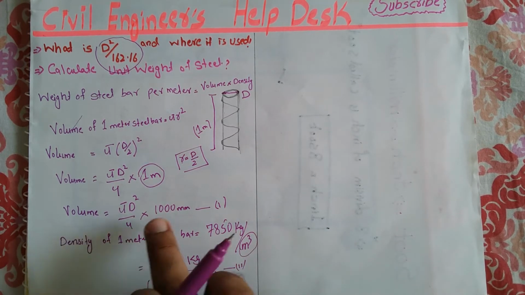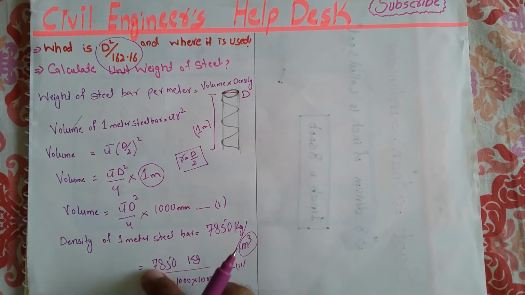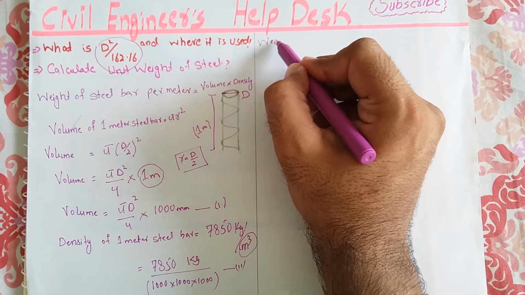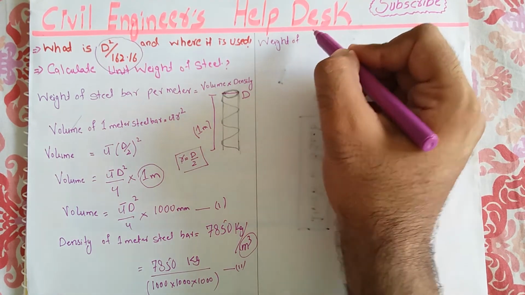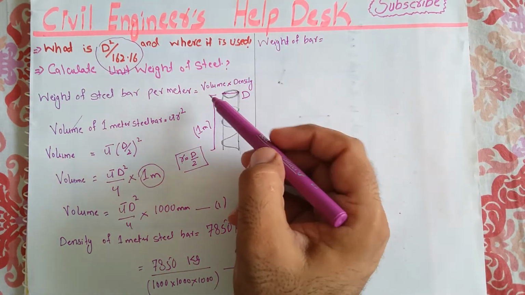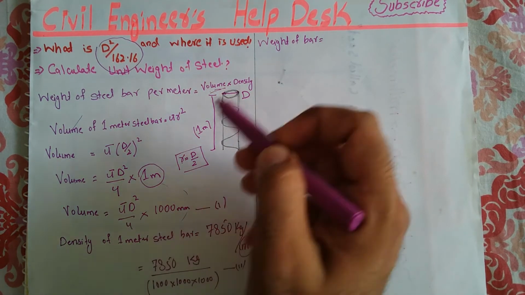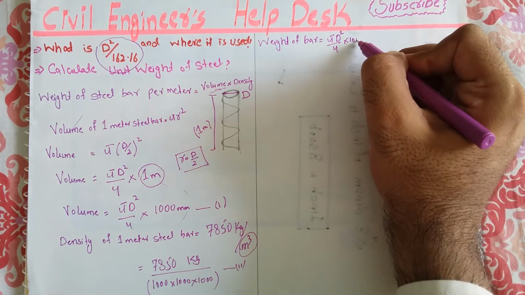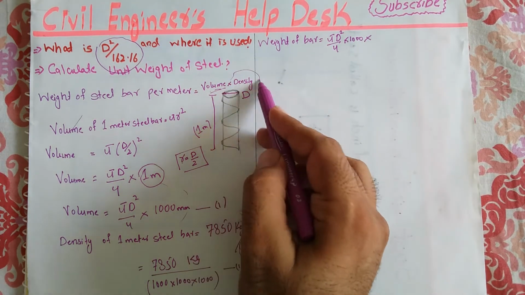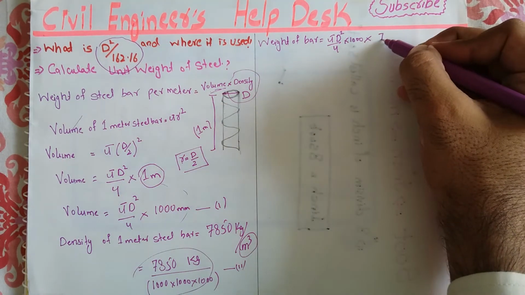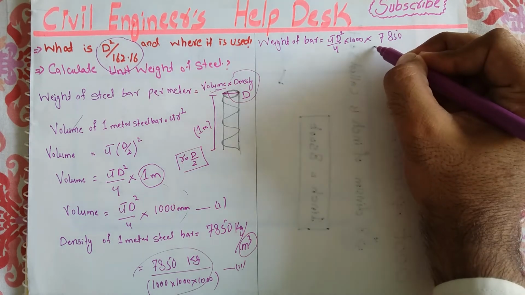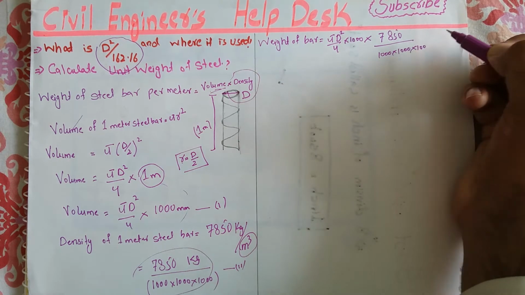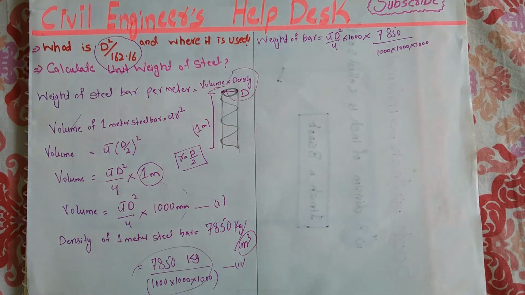Now if we put this volume value and this density value in this equation, we will get weight of steel bar is equal to volume, pi d square divided by 4 multiplied by 1000, multiplied by density, which is 7850 divided by 1000 multiplied by 1000 multiplied by 1000. We write 1000 because we are working in mm.